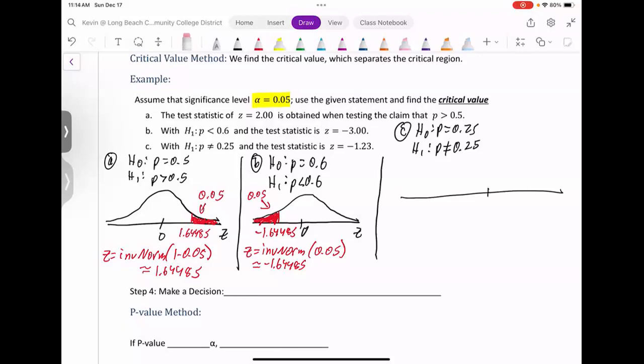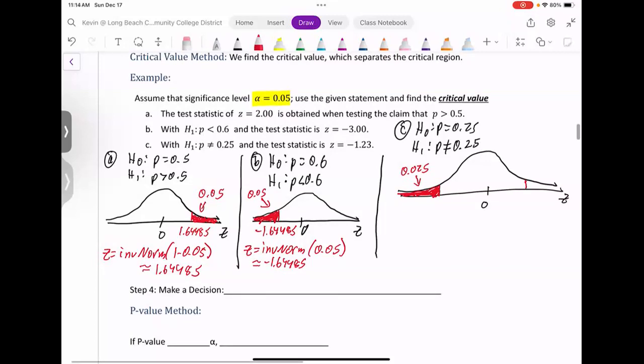Now let's redraw that. We are going to have to take our alpha and split it. So half of the 0.05 is going to go here. Half of 5% is 2.5%. The other half is here.